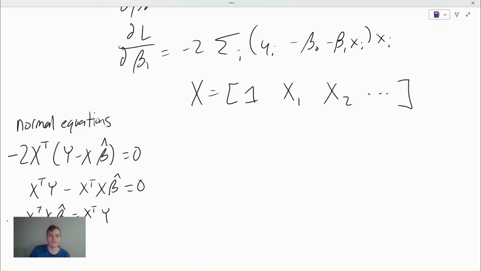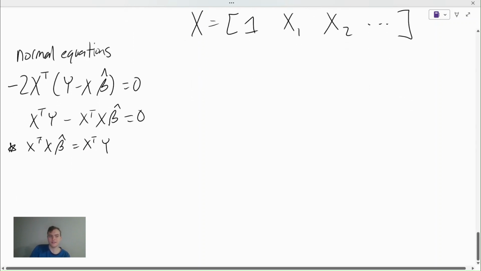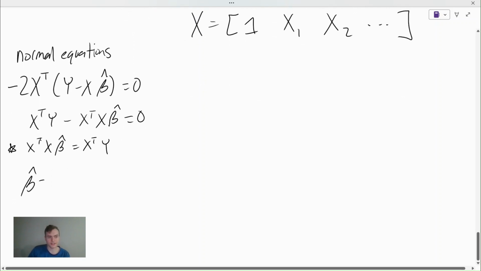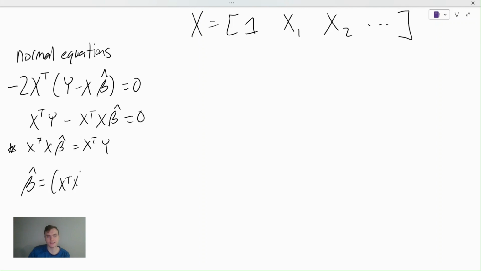This is how we would normally remember the normal equation, right? That's a little cleaner. And then we can denote the solution by saying beta hat equals (X^T X) inverse X^T y.